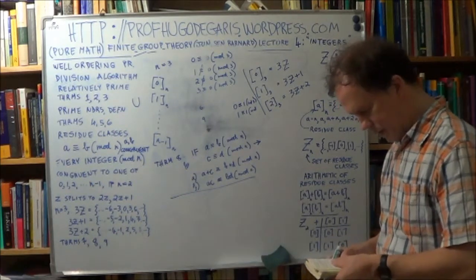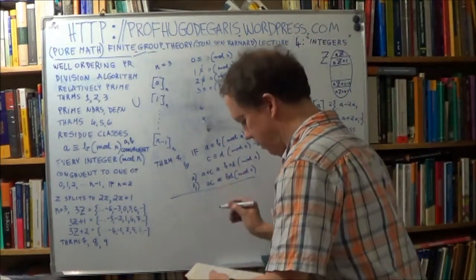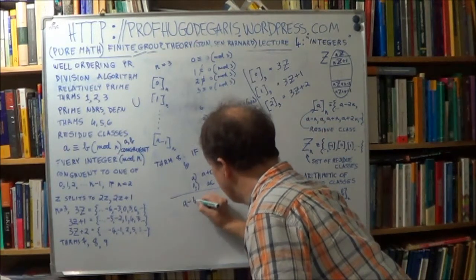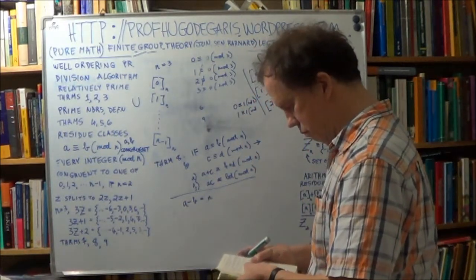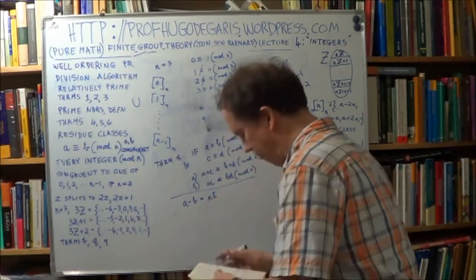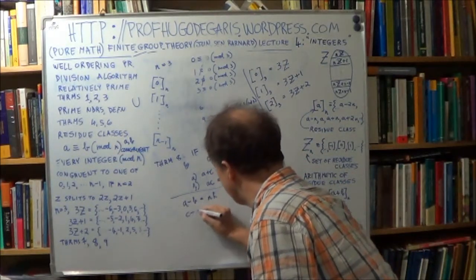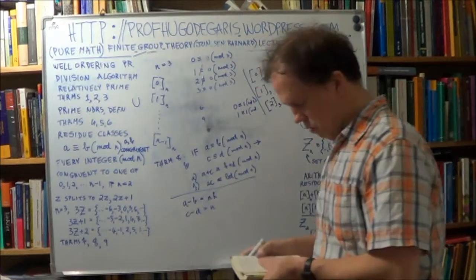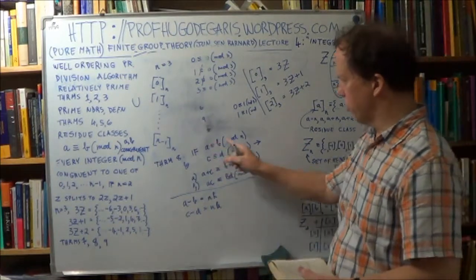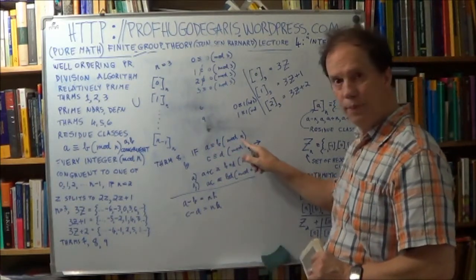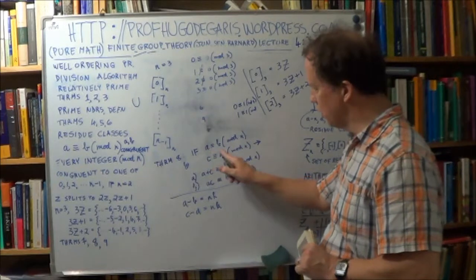Okay, so A and B are congruent. That means you can write A minus B in the form of N times H. And C and D are congruent, so you can write that in a similar form, N times K. Now, if they're congruent, remember N divides into the difference, A minus B. That's the definition of two congruent numbers.